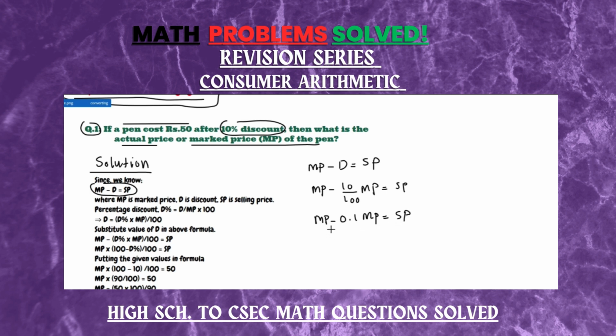If you solve it, 1 minus 0.1 will be 0.99, so 0.99 times the marked price will be equal to the selling price, right?